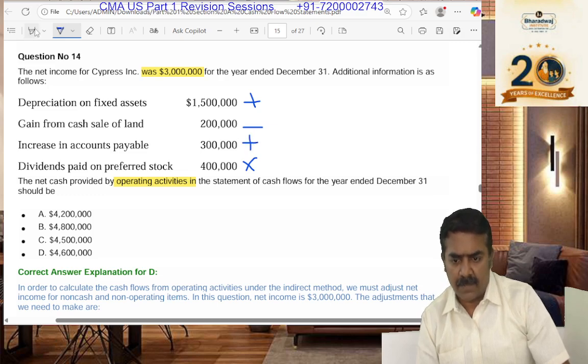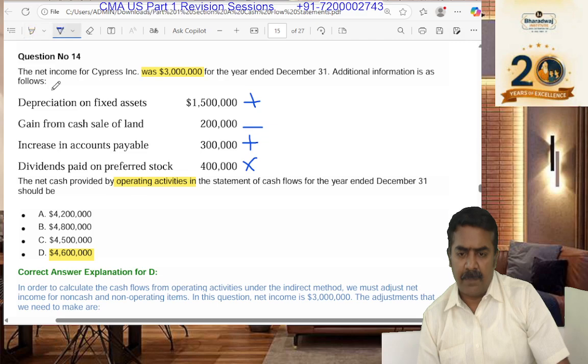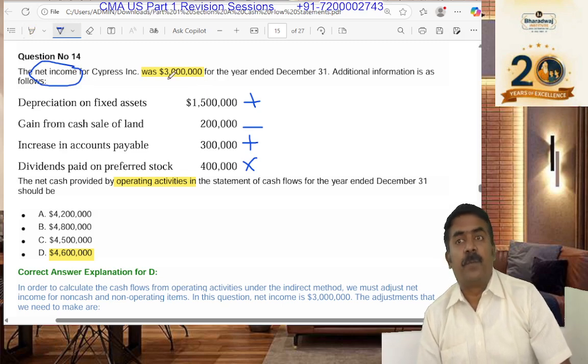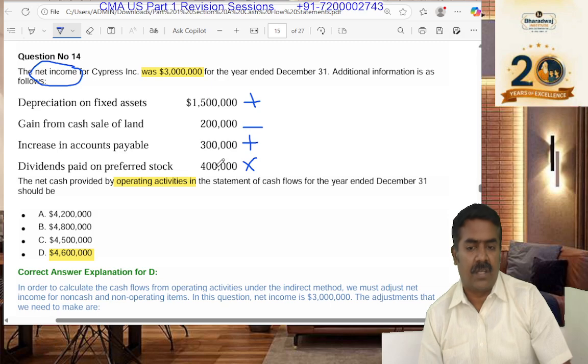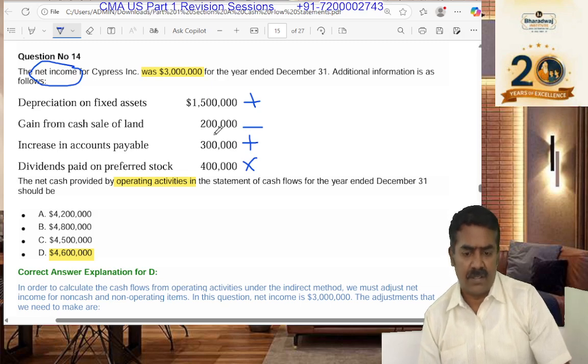What is the net answer? Dividend paid on preferred stock we will not adjust, because what is given to us? Net income is given to us. Is there a difference between opening and closing balance? If retained earnings was given, you could have adjusted dividend.